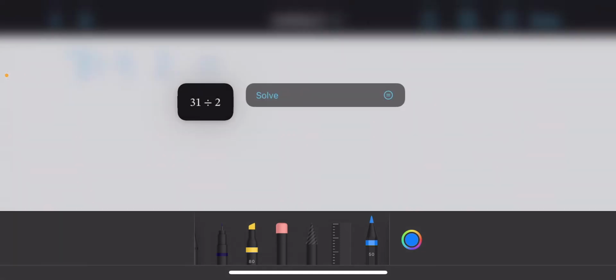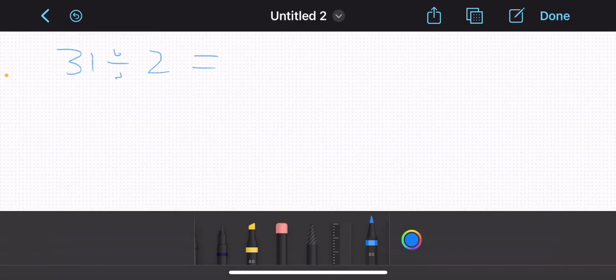So we're going to take 31, divide by 2. We need to know if the number is divisible by 2 or not. If it's not divisible by 2, that means there's a remainder, which is 1. So we check 31 divided by 2. Is there a remainder? Yes. And then we write 1.